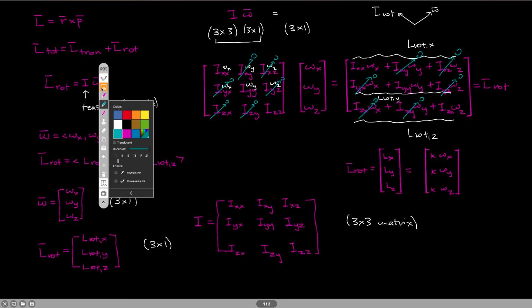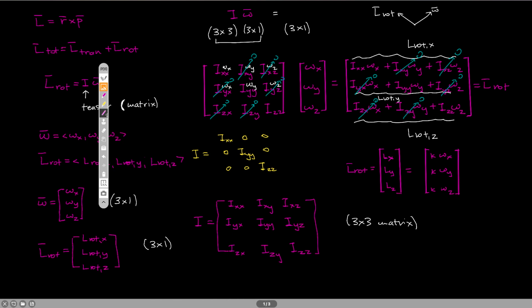So if you choose your axis so that the moment of inertia is Ixx 0 0, 0 Iyy 0, and 0 0 Izz.